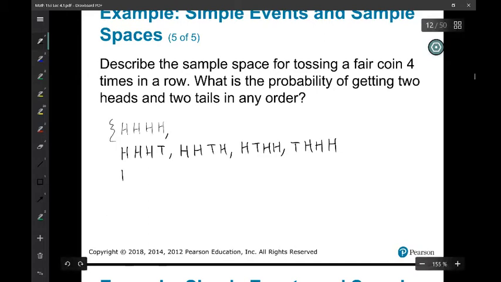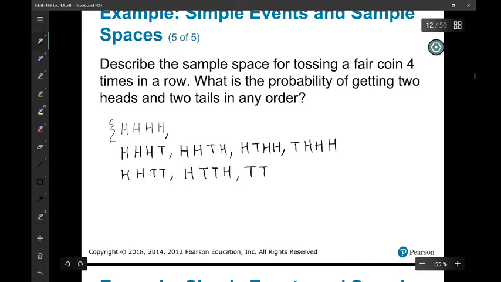Now let's consider 2 heads and 2 tails. So we need to permute. That means take these 4 elements here and find all the different ways of arranging them together. So we could move this block of 2 T's into the middle. So H, T, T, H. We could move them all the way to the left.